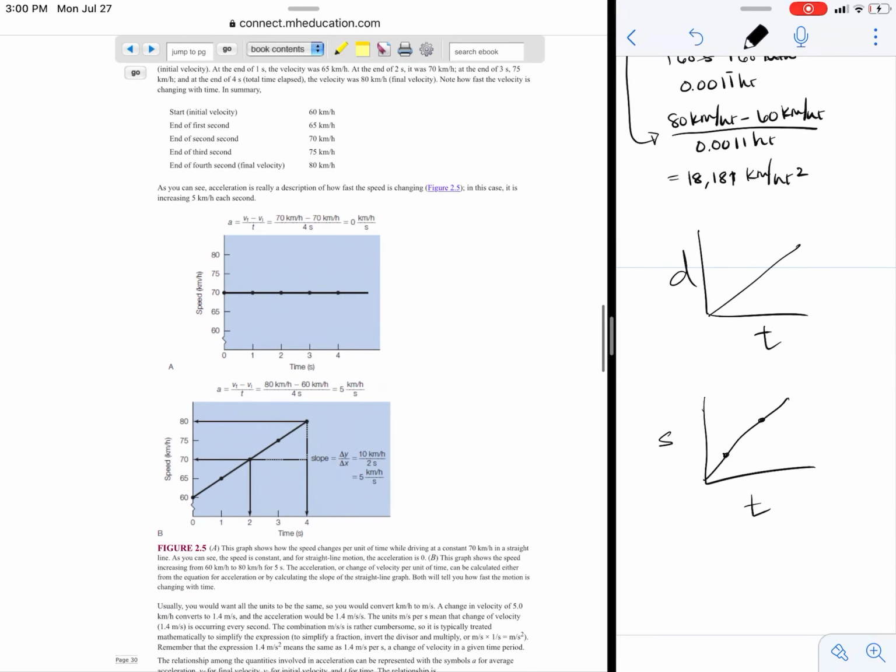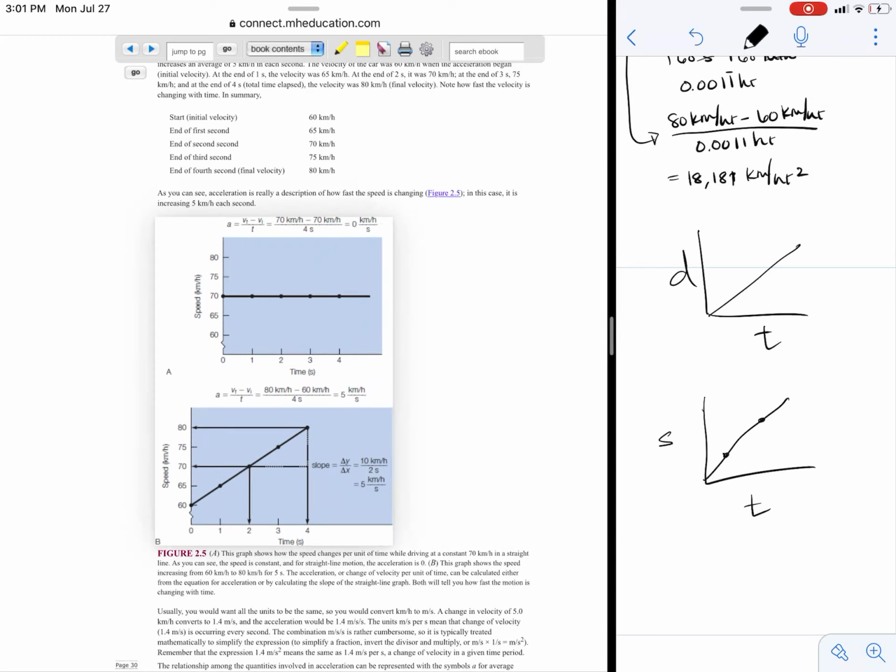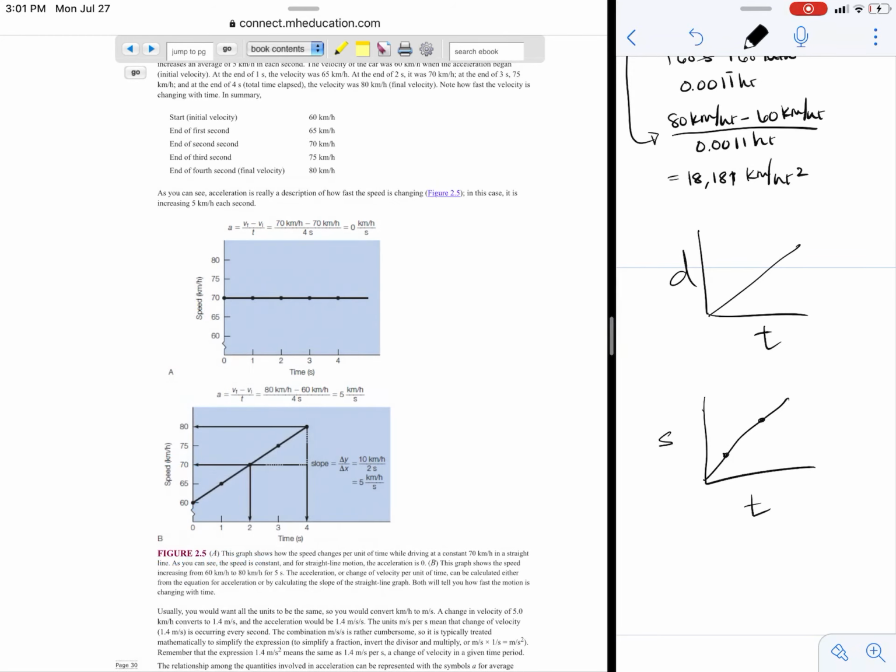So on graph B, it's showing you exactly what we just did, only it's not converting it like I did. It just uses seconds on the bottom. It takes this point right at the top, I can't write on it, that 80 kilometers right at the 4 seconds, and then it also takes the 60, and then it divides by that total time of 4 seconds.